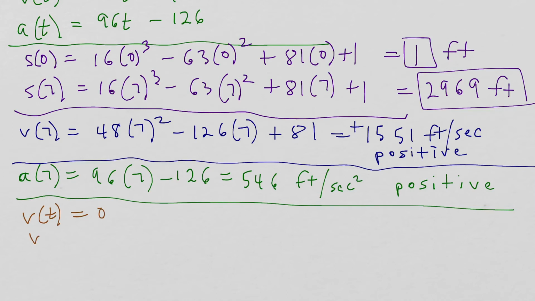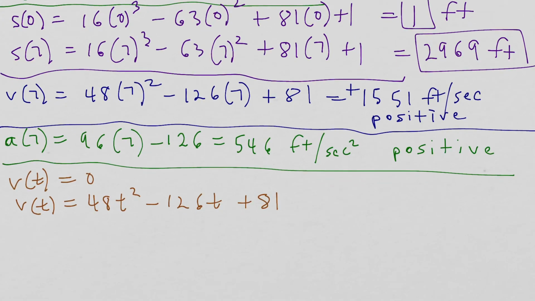My velocity function was 48t squared minus 126t plus 81. I want to factor that or use the quadratic formula, whichever it takes. I can see there's a common factor, so I'm going to divide out by 3 and set it equal to 0, dividing everything by 3.